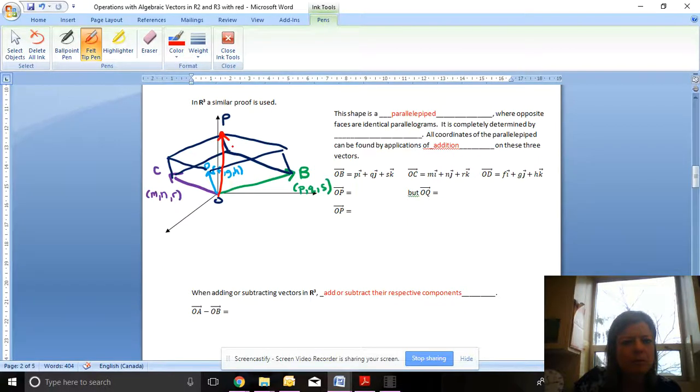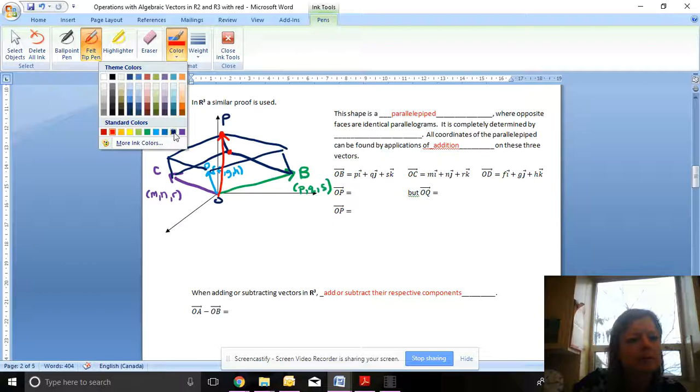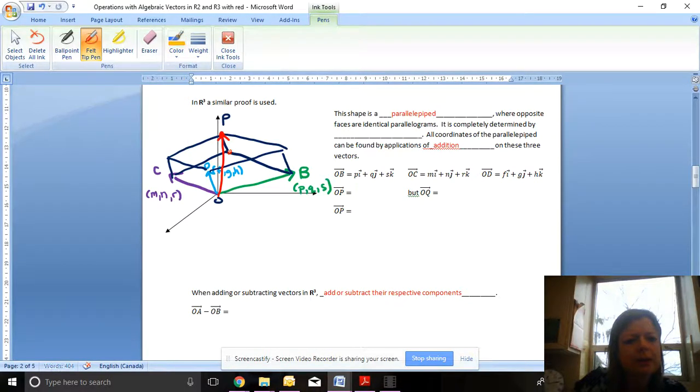Okay, and then we'll call this point down here Q. That's important. I'll do a different color. So this down here is Q. So draw also a dotted line from O to Q. Because notice OQ plus QP gives you OP.